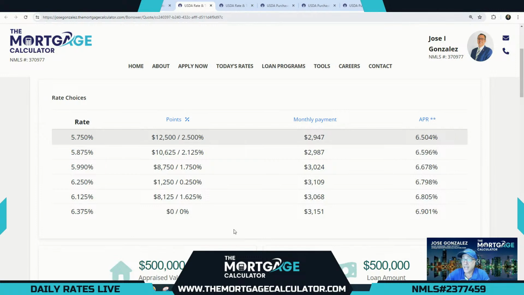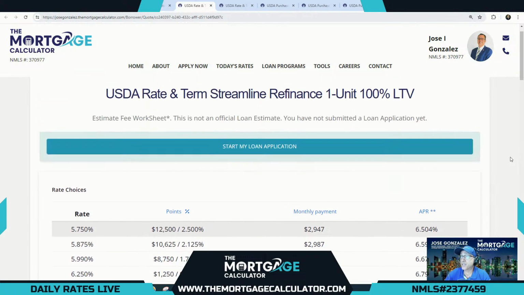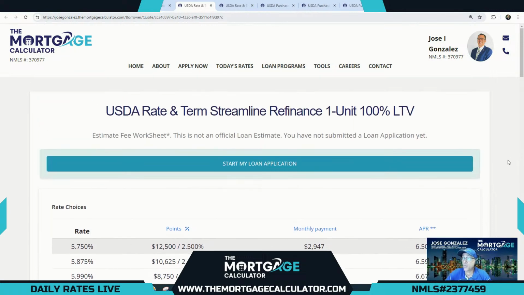And you're looking at 6.375 at par, with your lowest rate option being 5.75% for your USDA rate and term streamline refinance for always only one unit properties at 100% LTV.